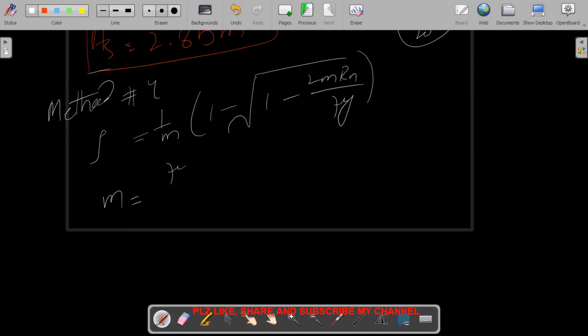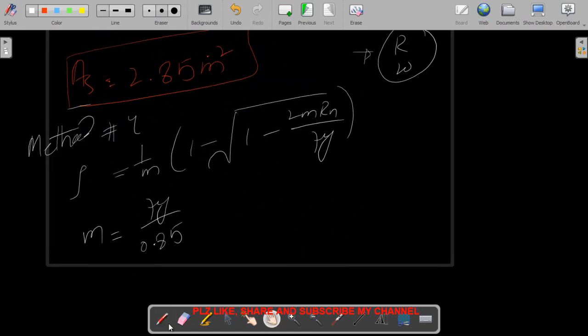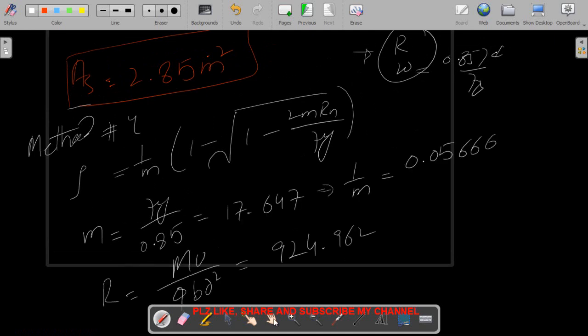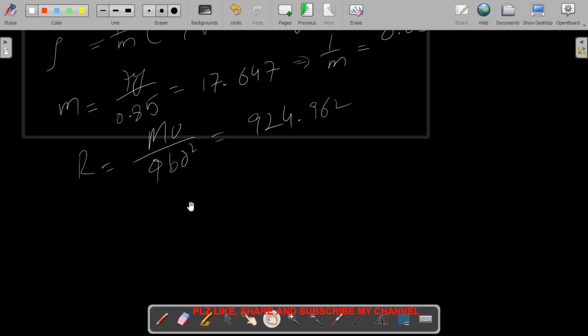m is fy divided by 0.85 f'c, and if you note in that equation, omega is 0.85 f'c divided by fy, I think, right? And here the value will be in ksi, sorry, because I'm using 2000 ksi.